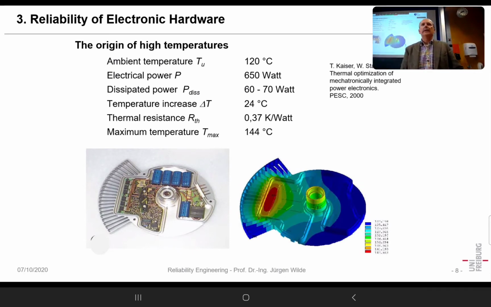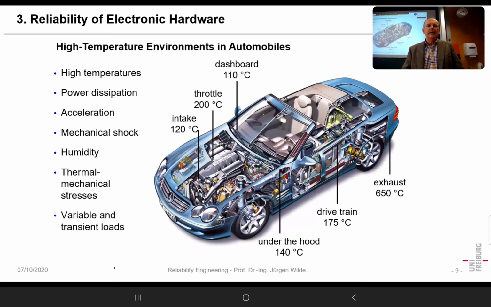These are normally not specified for such elevated temperatures. So what can you do? Of course, you can keep them cooler than the hot spot, which is here at the semiconductors. That's telling us we have to take into account not only the environment, but also what develops from the operation.